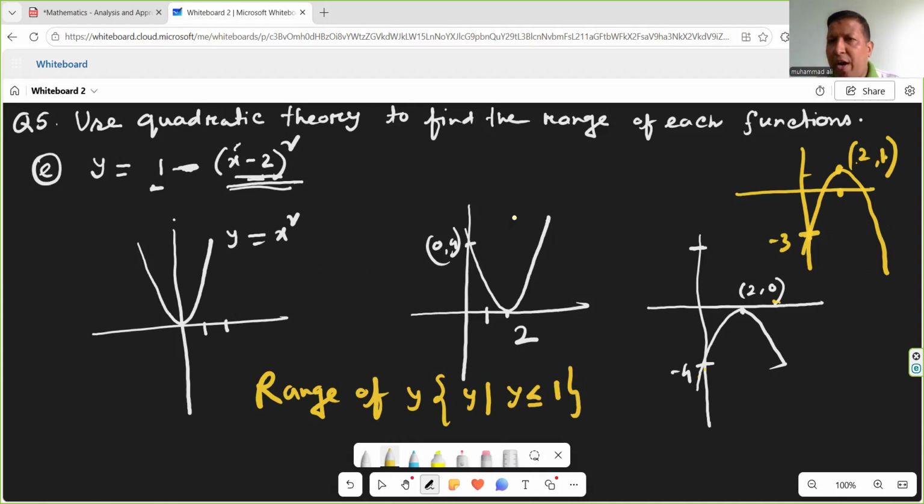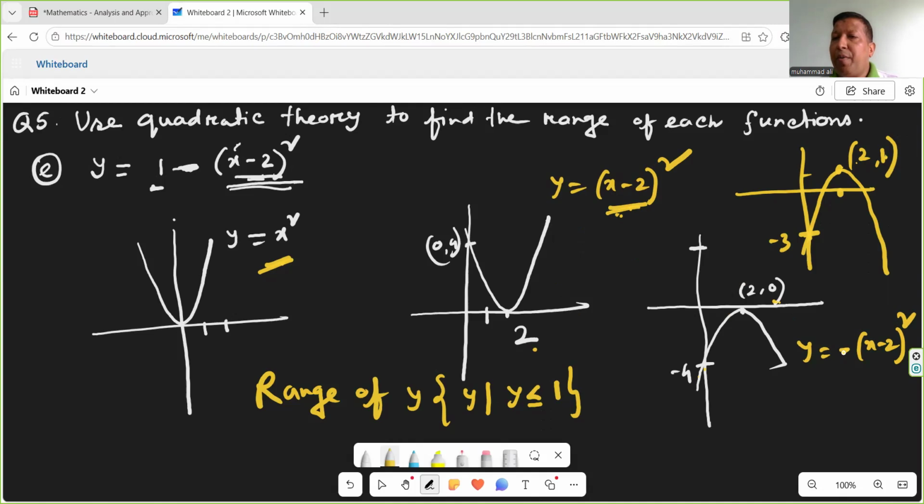Range means y value. You see, at first I have drawn y equals to x square curve. Then I have drawn y equals to x minus 2 whole square curve because it is horizontal translation by plus 2. It is the transformation format. And here it is y equals to minus x minus 2 whole square because vertical stretch by minus 1.